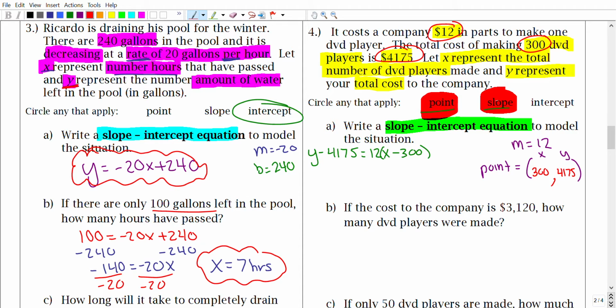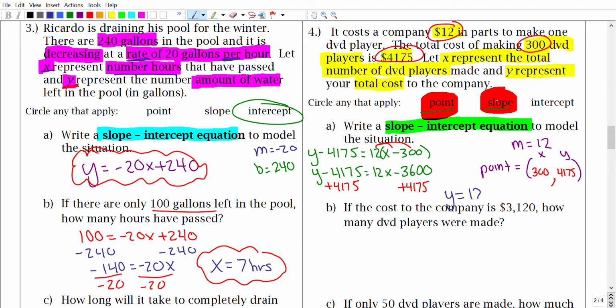We need to use that to write a slope-intercept equation. So let's go ahead and distribute. So we get y minus 4,175 equals 12x minus, and I believe this is 3,600. Next step is add the 3,600 to both sides. Whoops. No, I want to isolate the y. I actually have to add the 4,175 to both sides. So what do I get for my final answer?